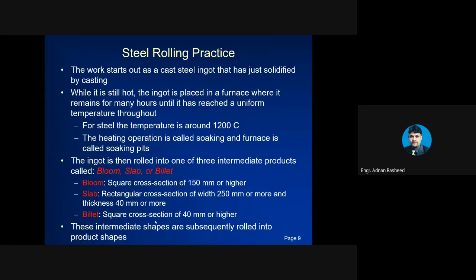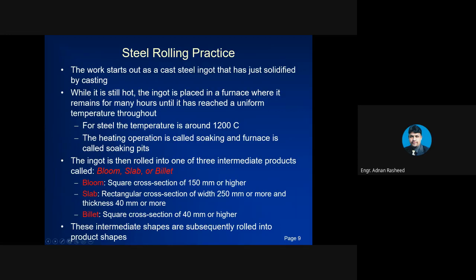In steel rolling practice, the work starts out as cast steel ingots that have just solidified by casting. We have previously discussed that you have some shapes obtained from the casting process. You have ingots, slabs, and steel bars that are used for rolling purposes. Further processing is performed while it is still hot.